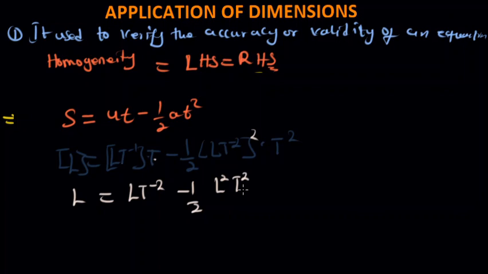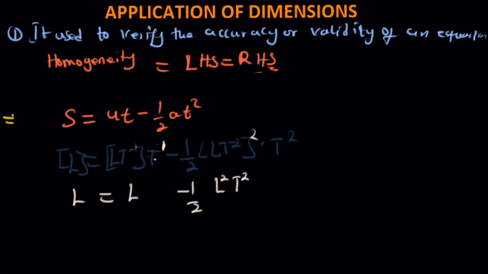I hope that is correct. Here you see the power is 1 and here is negative, so when you add the powers it will be 0, so here is not LT, here is only L. Let me clear that as well.